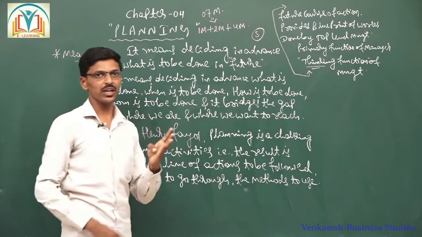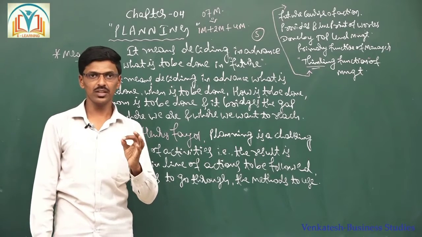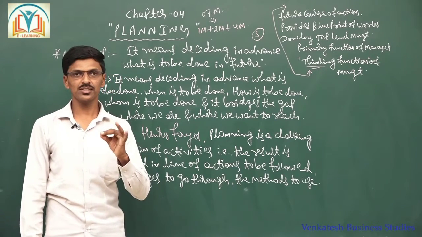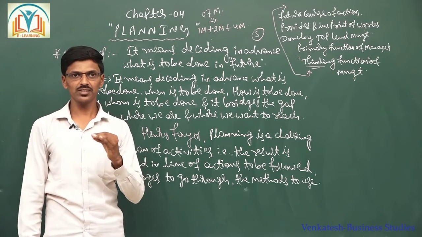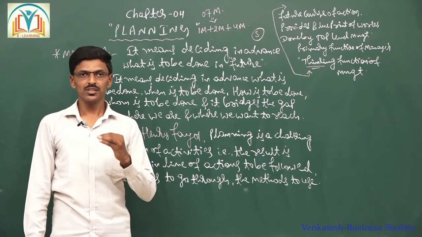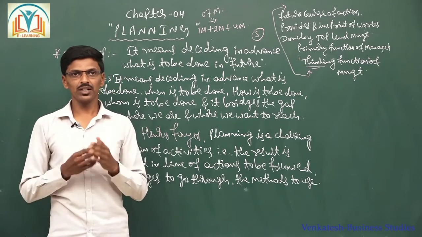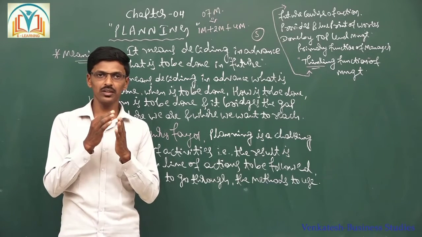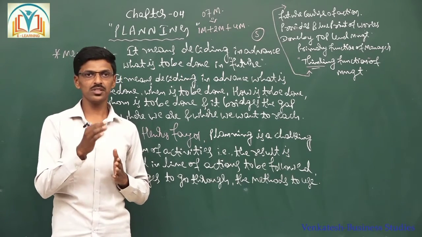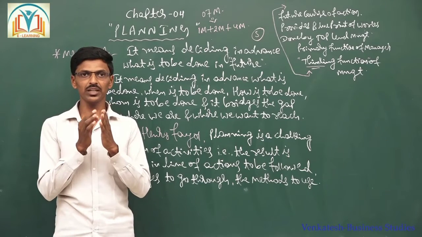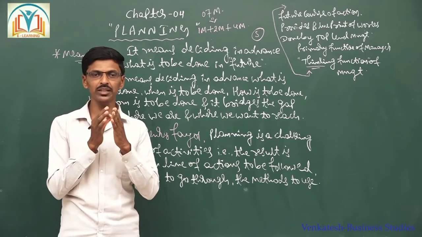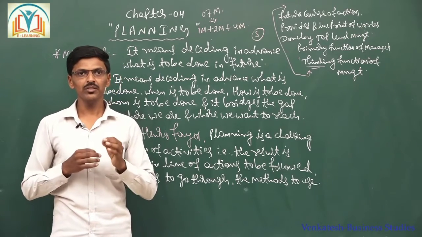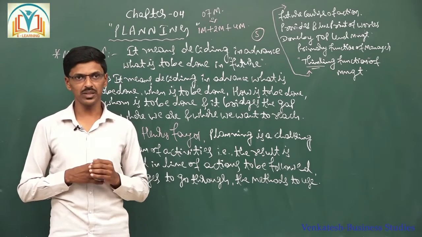One is planning, second is organizing, third is staffing, fourth is directing, and the fifth is controlling. Each and every work and activity starts with the planning function only. That is why planning is the primary function of management.